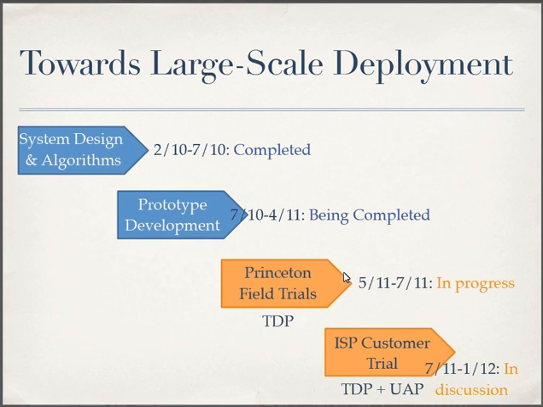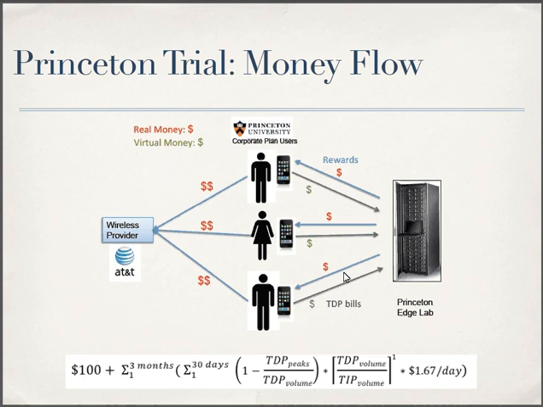In the first month of the trial, we are going to record their normal usage patterns to calibrate our system, and from the following months, we are going to start offering time-dependent prices. Following this, we will carry out a larger customer trial in India with Reliance, the second largest operator in India, in summer and in fall.